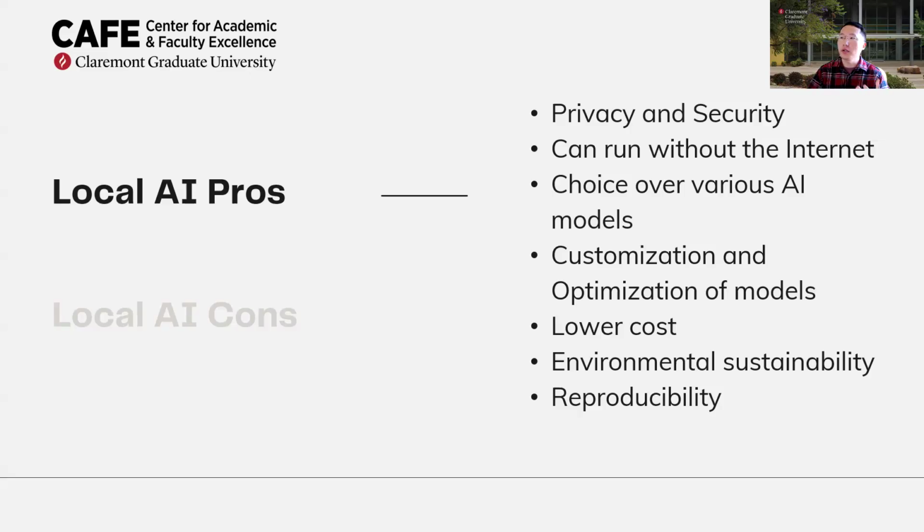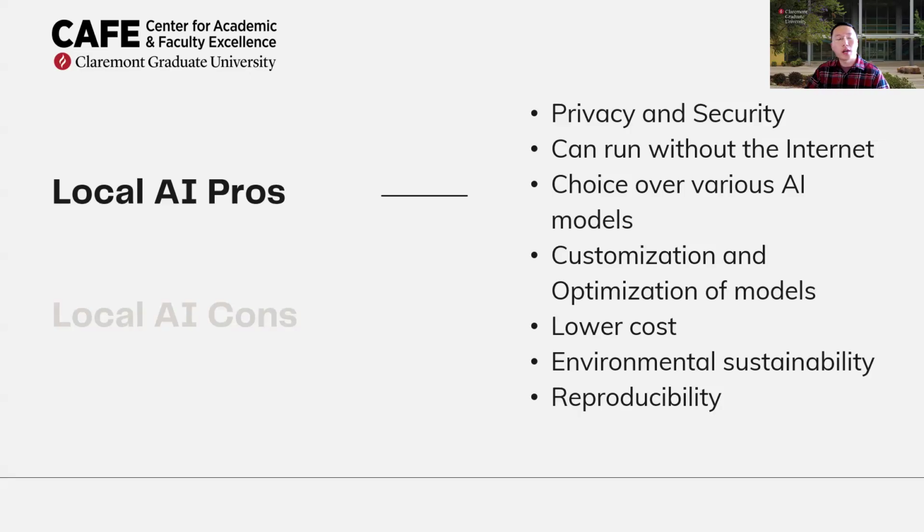So when you're using local AI, depending on what type of task you want it to do, let's say you really want to use AI to help you with programming and coding, you can choose an AI model that specializes in those tasks. And often these AI models will give you better responses than if you're using, for example, ChatGPT's online general purpose AI model. So that kind of customization and optimization of the model you use can really become helpful if you know what AI model you want to work with.